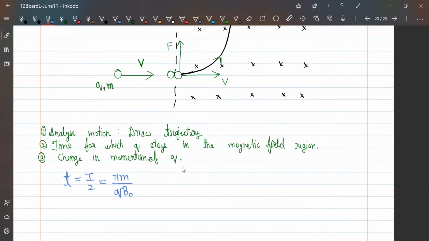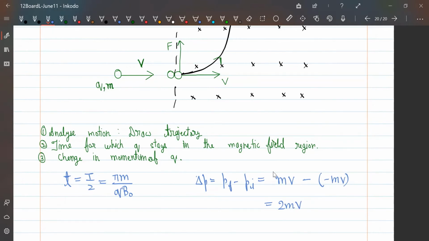And if you want the change in momentum, that will be final momentum minus initial momentum. So final momentum is P final, that would be mv, and initial momentum is in the opposite direction, so minus mv. So change in momentum will be twice mv.